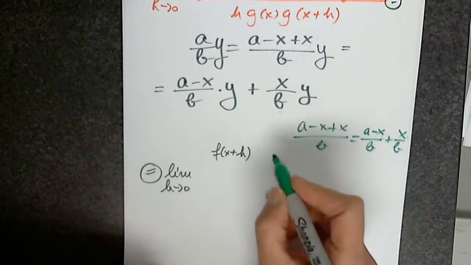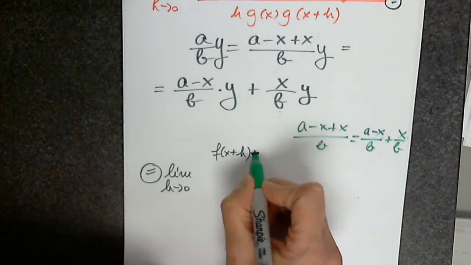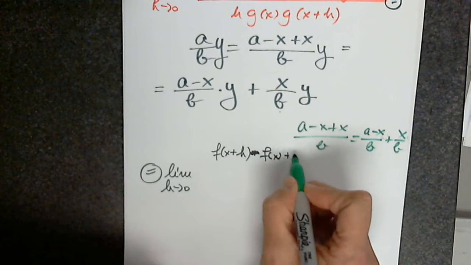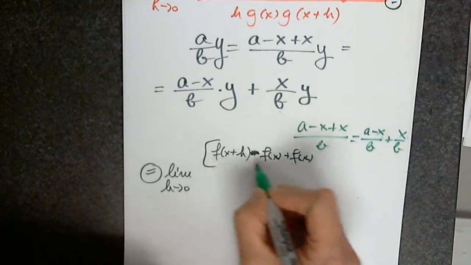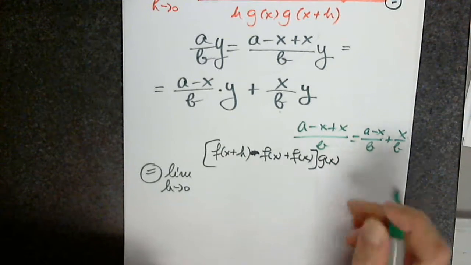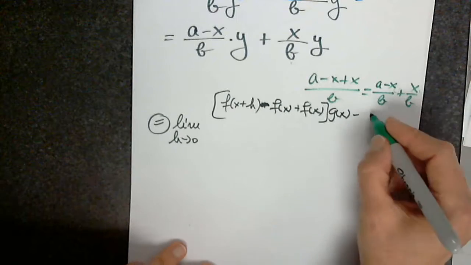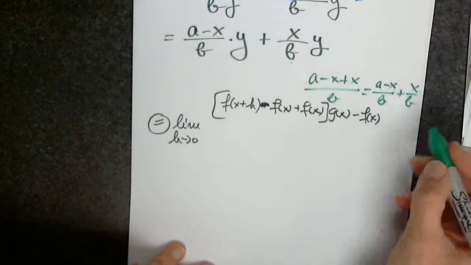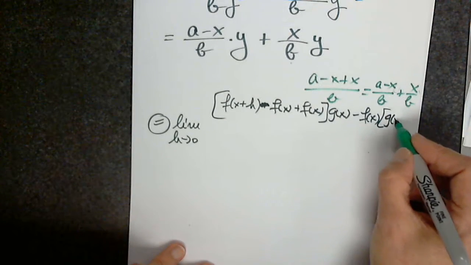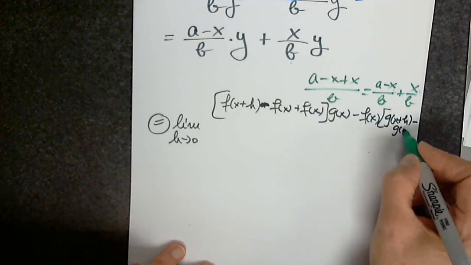X plus h, yes. And plus, and I want minus first. Minus f of x and plus f of x multiplied by g of x. And then minus f of x, and I'm going to apply the same treatment to g of x plus h minus g of x.